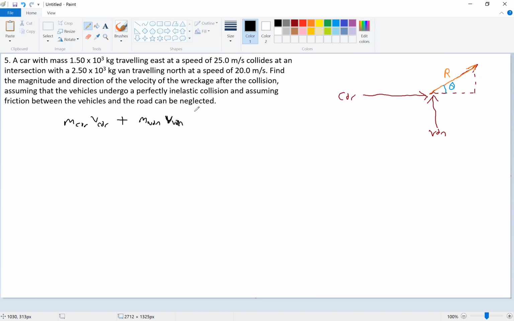And basically, we set that equal to, and we're going to do this in both directions, the combined mass of car plus van, and then that's going to be times the R component. So we'll start with the X direction.